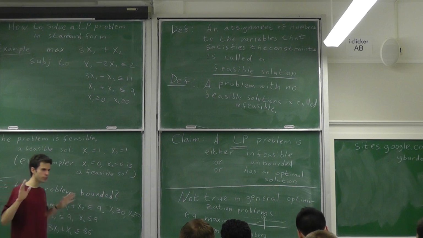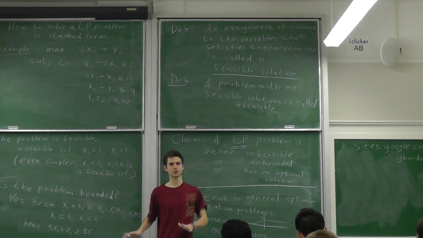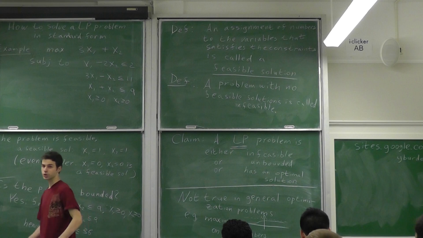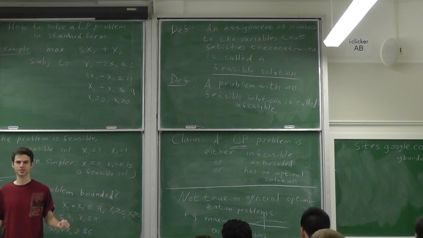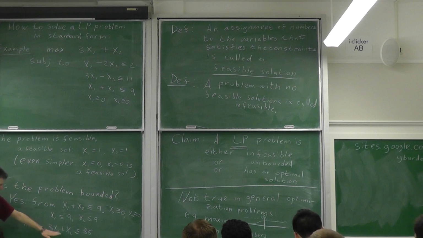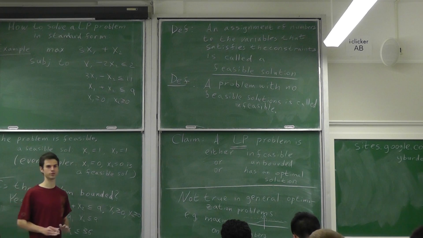So whatever solution I will ever find, the objective function will be smaller than 36. It's not to say that I can obtain 36. I didn't even try. But whatever I get, the objective function will be smaller than 36.